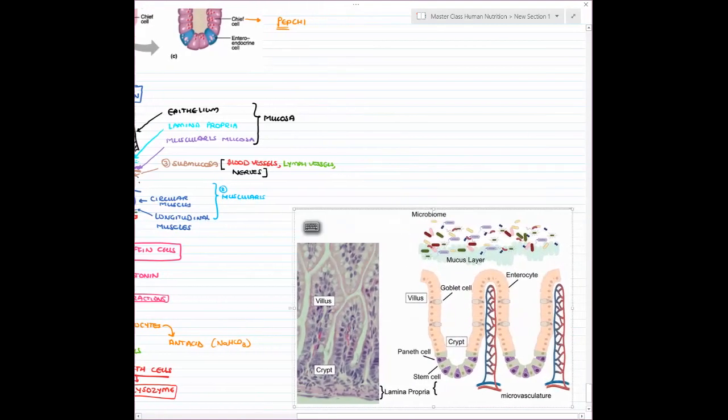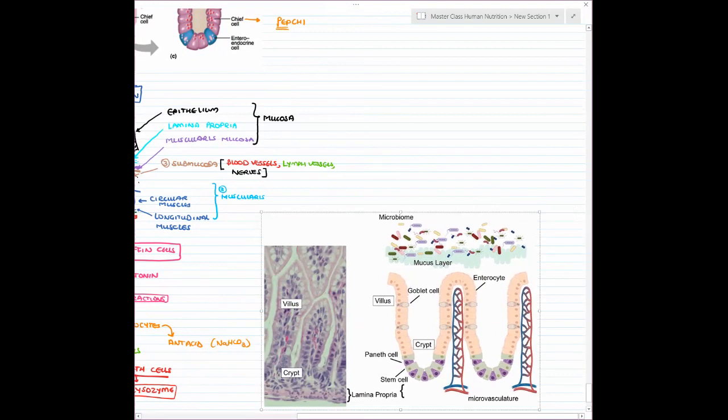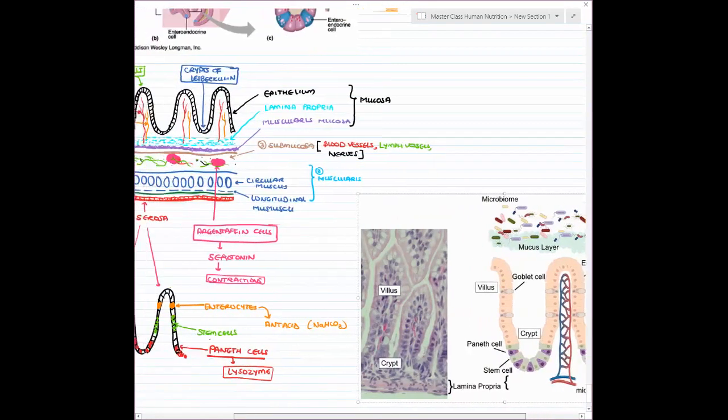So see, this is what we are doing, guys. Once again, we have the goblet cells, we have the enterocytes over here, we have the Paneth cells, we have the stem cells. The same thing that we are talking about.